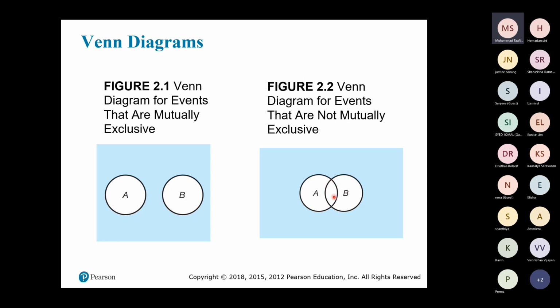This is what the overlapping between A and B represents. It means there is a possibility that the customer buys a shirt only, a possibility that the customer buys trousers only, and also a possibility that the customer buys both shirt and trousers.